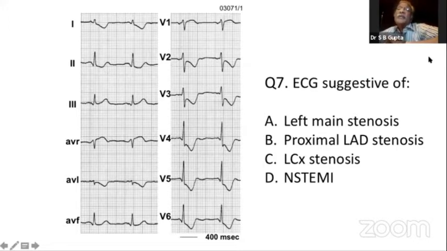So there isn't just an ST segment elevation in aVR. It looks like a case of left main stenosis, and the patient should be immediately taken to a cath lab, or immediate angiography should be done, and the patient should be taken care of.